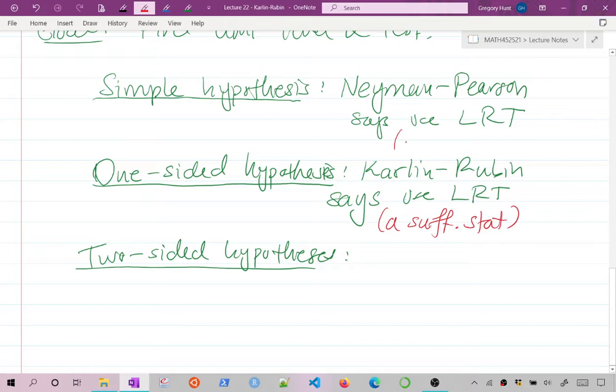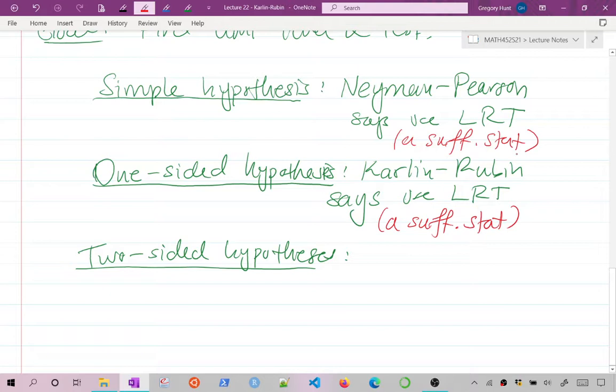And so we could write this for the Neyman-Pearson lemma. The Neyman-Pearson says for simple hypotheses, the UMP level alpha test, the uniformly most powerful level alpha test, is the LRT, which is basically a sufficient statistic, or based on a sufficient statistic.